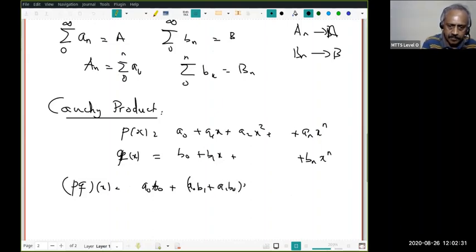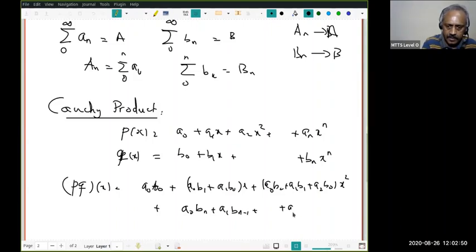The x squared term will be a naught b2 plus a1 b1 plus a2 b naught, and the general term will be a naught bn plus a1 b(n minus 1), etc., plus a(n minus 1) b1 plus an b naught, times x power n.